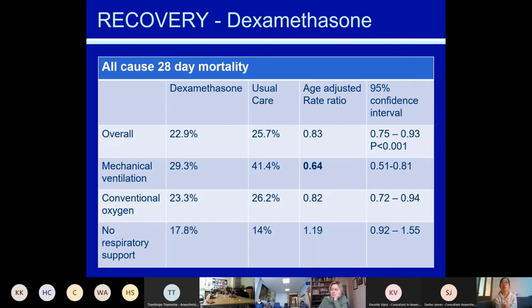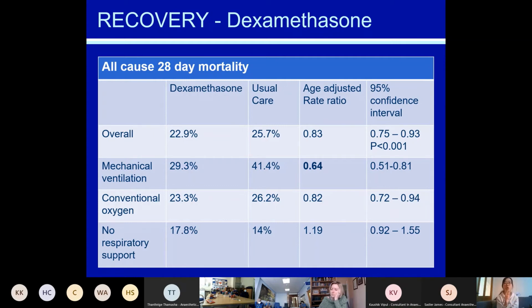Or if you want to look at it a different way, if you were mechanically ventilated at 28 days, 41% of the patients died, whereas if you had dexamethasone, 29% of the patients died. So that is certainly a statistically significant decrease in death at 28 days.